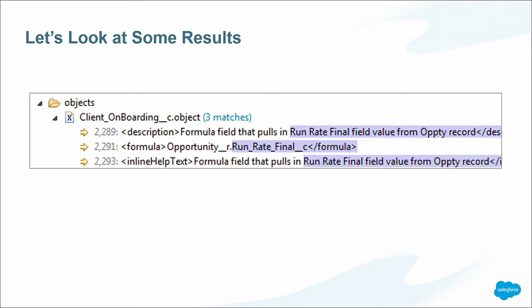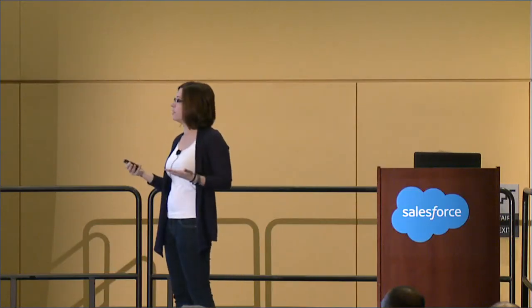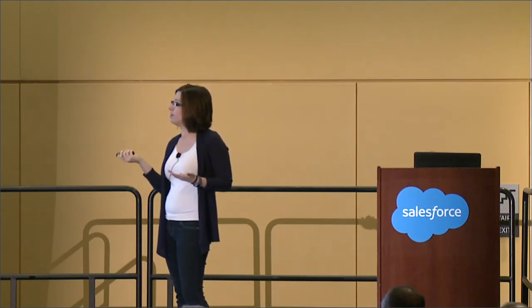And then here's something that is really cool. So like I said, obviously all of my fields have descriptions and help text. Well, at least this one does. And so this is actually saying, like, we pull in the run rate final field. We'll probably leave this as it is for that description, but this is the level of detail that you can get into when you are looking at the metadata, because it's all there and it's all available, and you would have to go into each one of these fields and see, have I mentioned this?